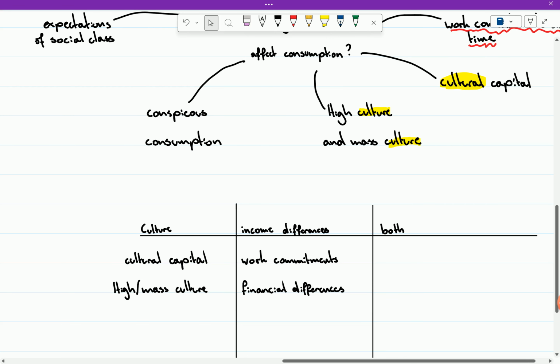We understand that to answer the question, we need to outline and explain 2 points. If point number 1 was work commitments and the other point was financial differences, there might be some overlap there, or more overlap than there would be if you had picked financial differences and cultural capital to help explain the differences in consumption.